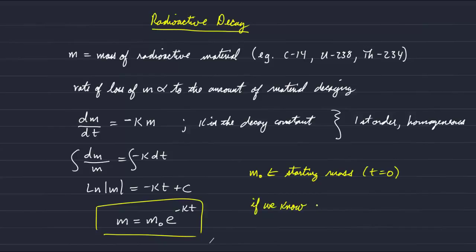So again, if we know the mass m at a given time, which would be today, the starting mass, as well as the decay constant, we can figure out t, the age of this material since it started decaying. So that's relatively simple reasoning for this dating method.